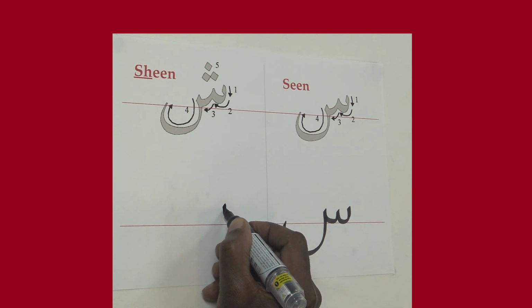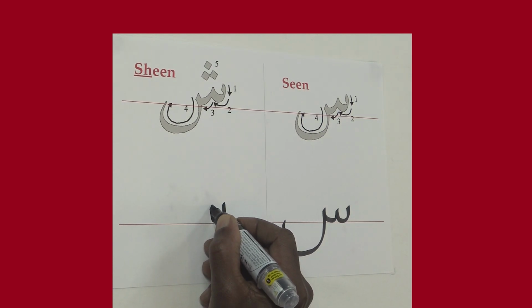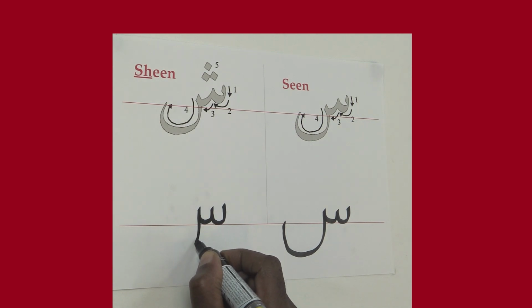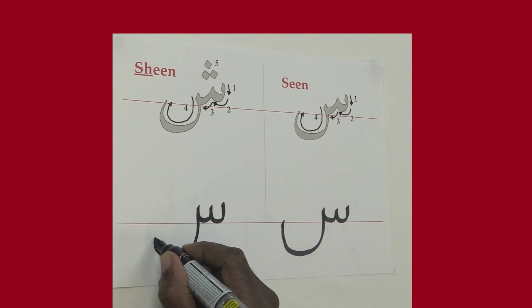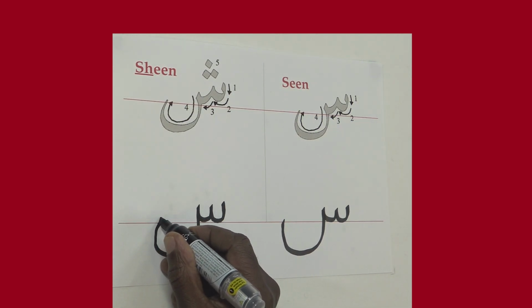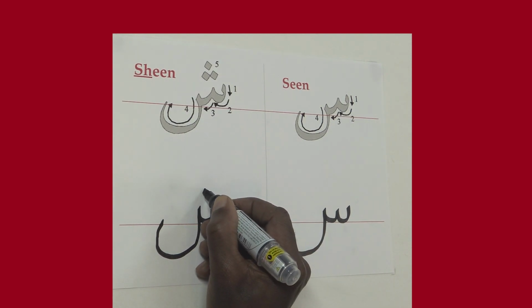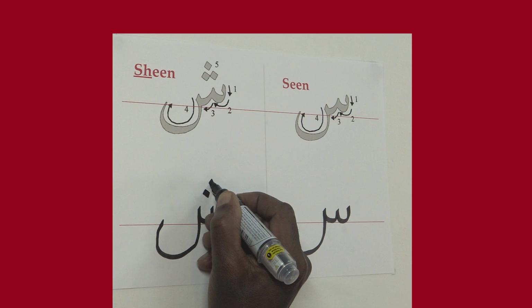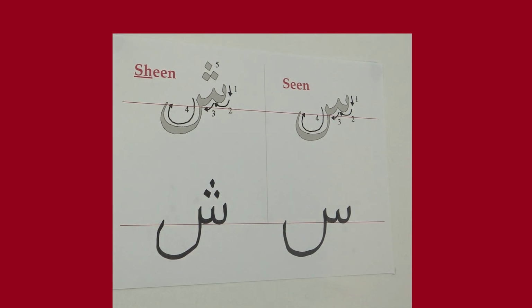Here we go. I'm going up, down again, up, and a big loop below the line and back up and stop. Then apply the 3 dots on top. Letter sheen. Well done. So we have done another 6 letters in today's lesson.